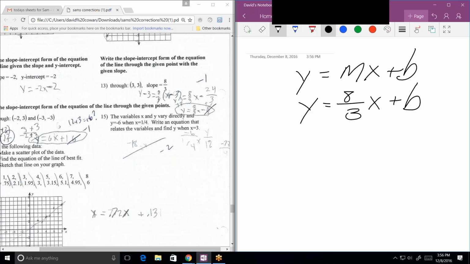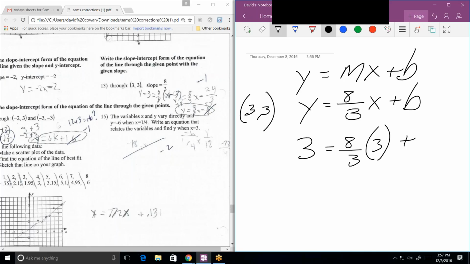Well, they tell us that it goes through the point 3, 3. So what can we do to solve for b? Plug it in. Okay, so y is 3. x is 3. That lets us solve for b. Those 3's cancel, subtract 8 from both sides.